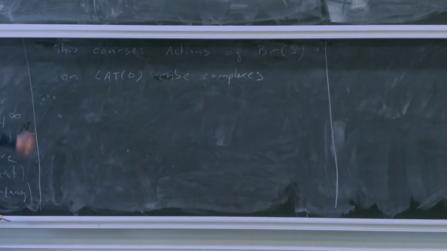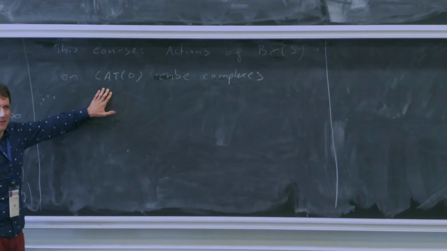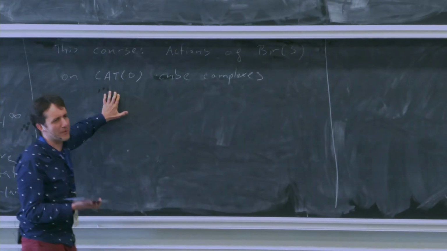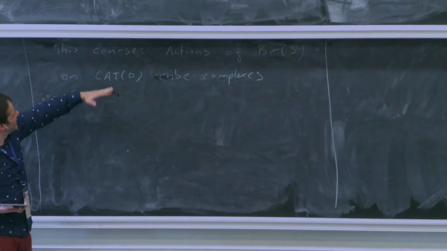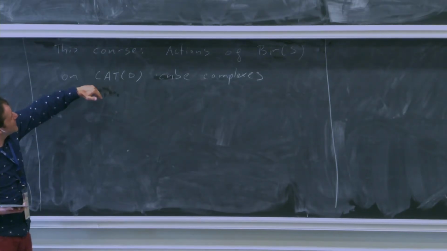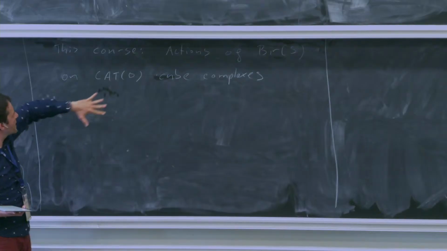Evgeny always tells me I should not use this word because it sounds very technical and scares people from coming to the talk. But okay, people doing metric geometry know this concept very well, although we will use it in a slightly different variation.